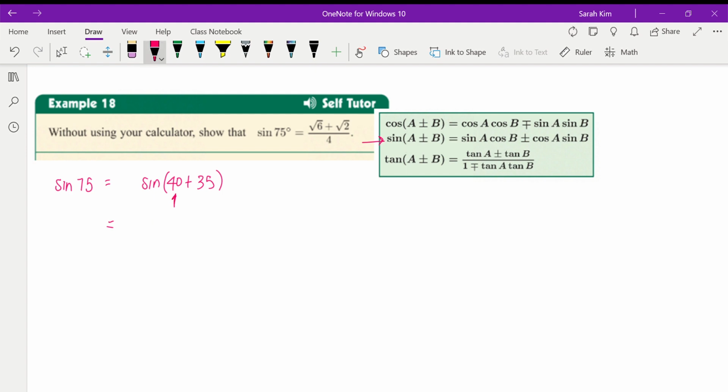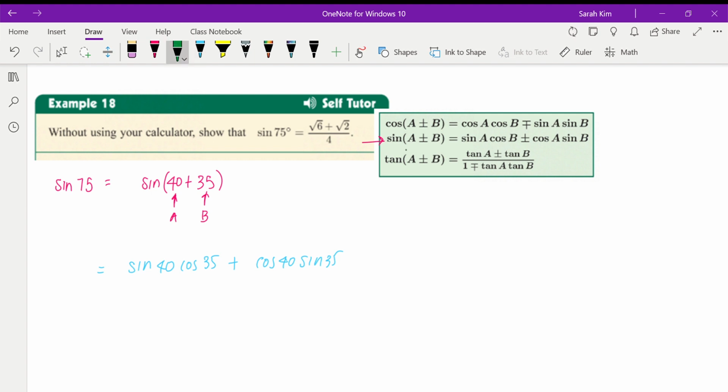So that's going to be A, that's going to be B. I'm sorry, I'm not actually using 10, even though it looks like we're trying to get a fraction. But we'll keep working. So sine A, 40, cos 35, plus, because it's a plus first, cos of A, 40, and then sine of B, which is 35.